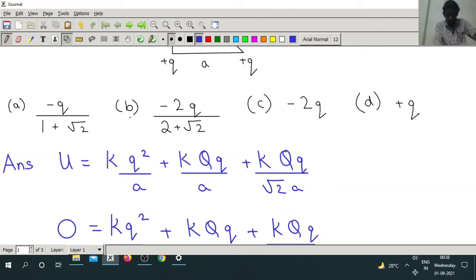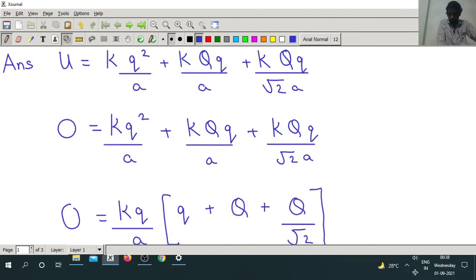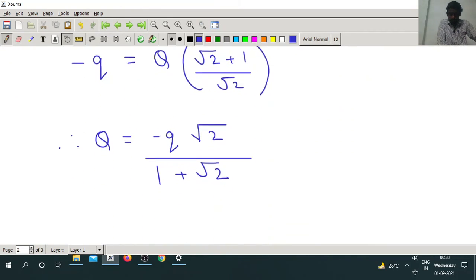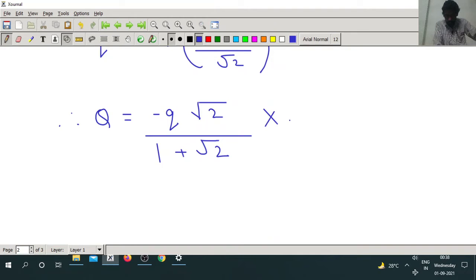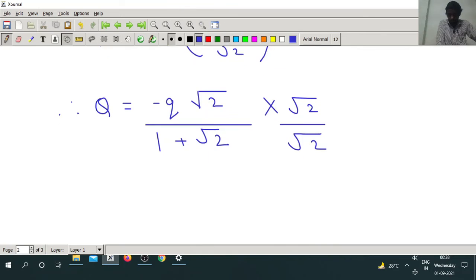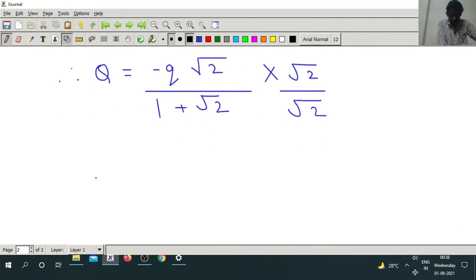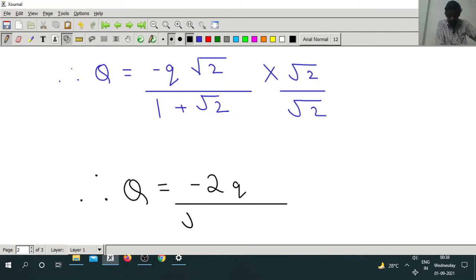Here you can see in the numerator there is no under root 2 in the options, but there is a 2, and three options have a minus sign. So we can get 2 in the numerator by multiplying both sides by under root 2. Now you can see how our answer will look: capital Q will be equal to under root 2 into under root 2 is 2, that is minus 2 into q upon under root 2 plus, that is 2.